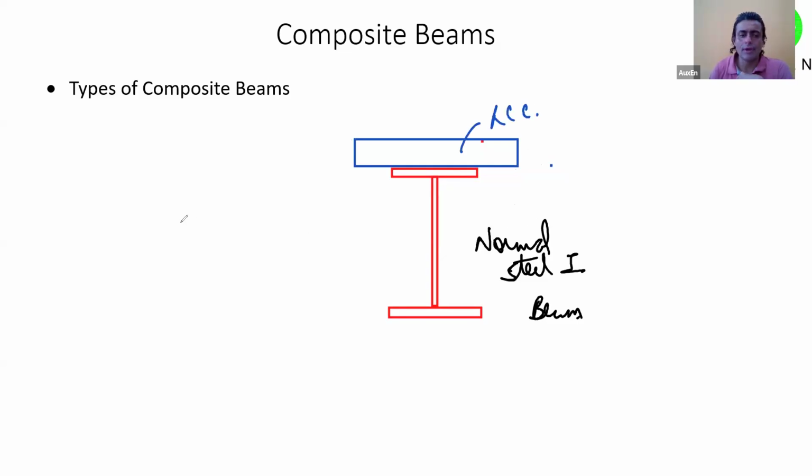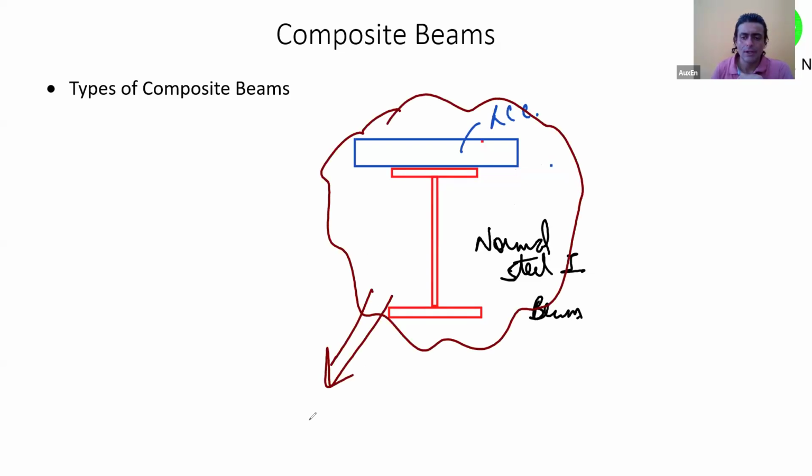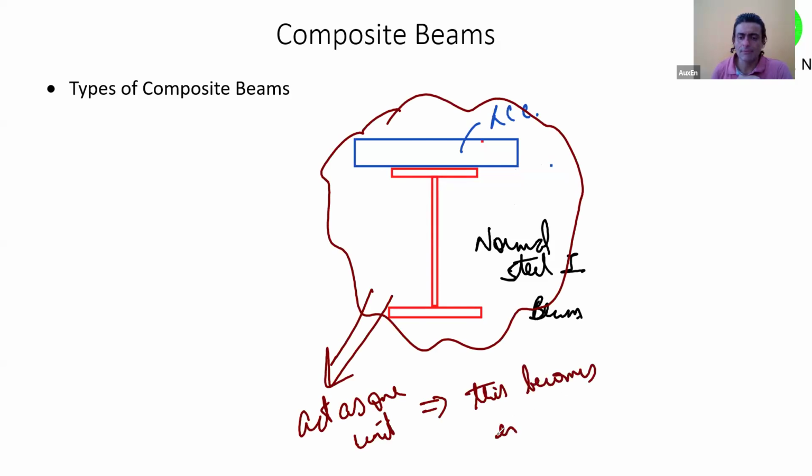And if they were to act in unison, as one unit, then this becomes an example of what? Anyone would like to say? So this becomes an example of a composite beam. Is it understood?